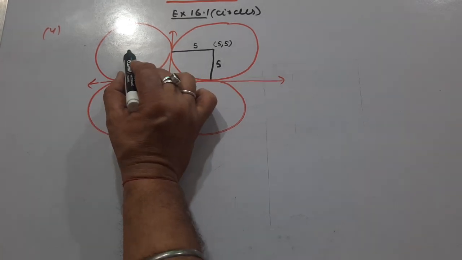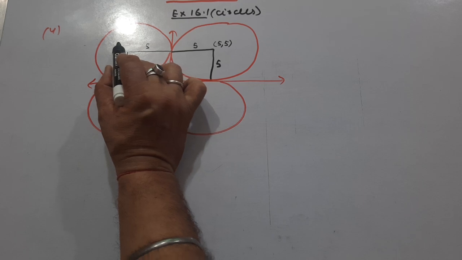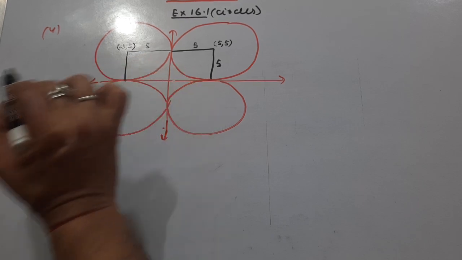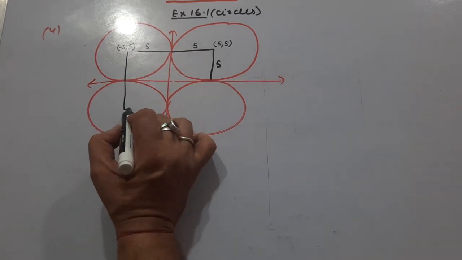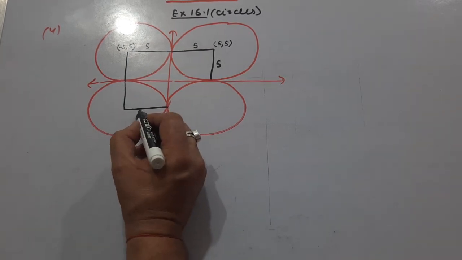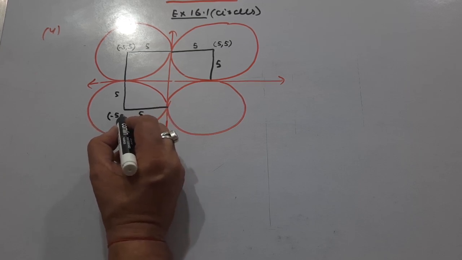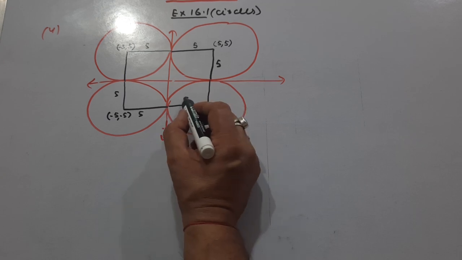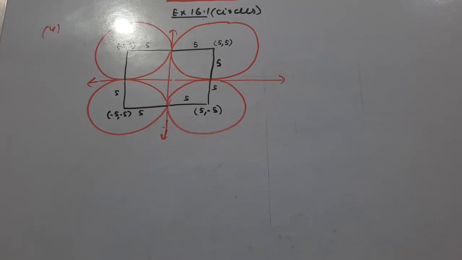On this side radius is the same, but coordinates of center will be (-5, 5), because in the second quadrant x is negative and y is positive. In the third quadrant, radius is 5 and center will be (-5, -5), and in the fourth quadrant, center will be (5, -5), like this.